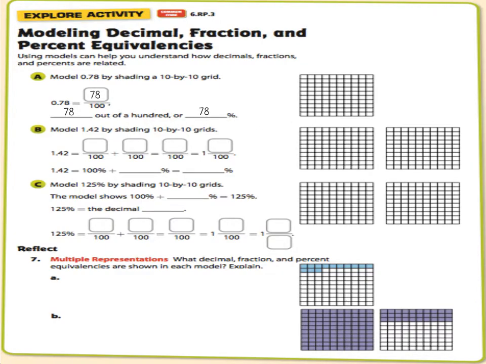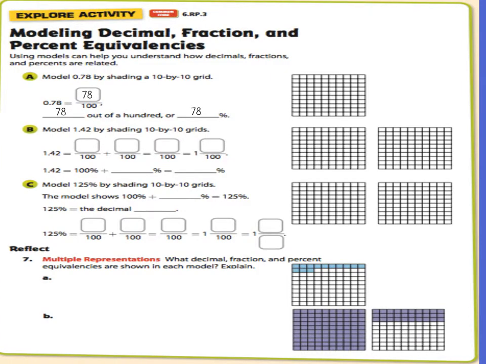So then I can go ahead and model it, and I'm going to make my squares here. Actually, we'll just do my boxes as normal. So I have 78%, so I know I can color in 7 rows.